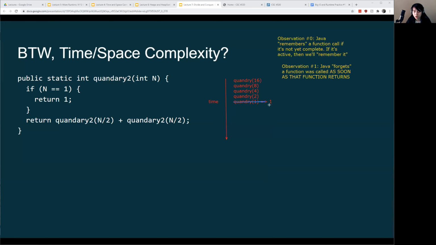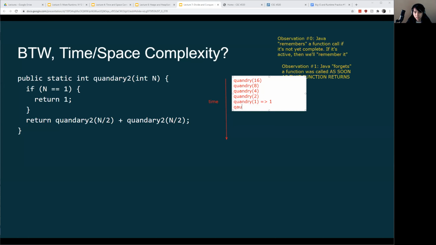What's the next recursive call we have to make at this point in time? What's the next step here? Type it in chat if you know. What's the next recursive call we're making? Yeah, we're making another call to quandary of 1 because we only made the first call to quandary of 1, and quandary of 2 makes 2 calls to quandary of 1.